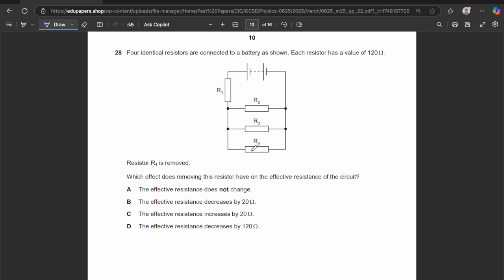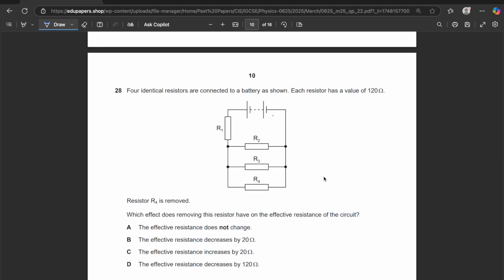In parallel circuits, when there are more resistors, the resistance decreases, as opposed to a series connection, because when you add more resistors to a parallel connection, there are more branches to go through, which reduces the resistance. So because one resistor is out, the resistance will increase. If we look at the choices, there's only one answer choice for increasing, so that will be C.